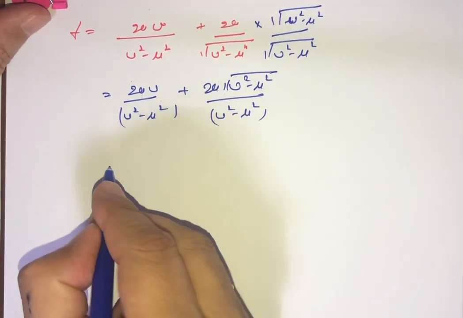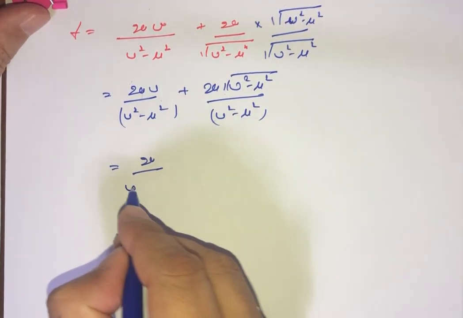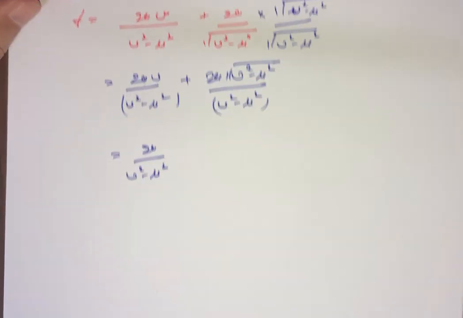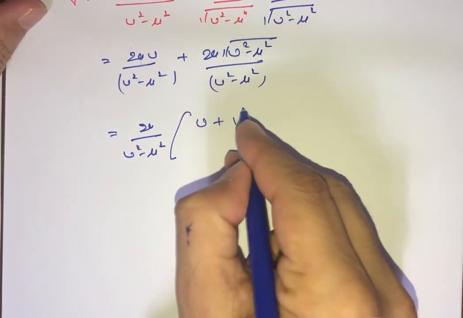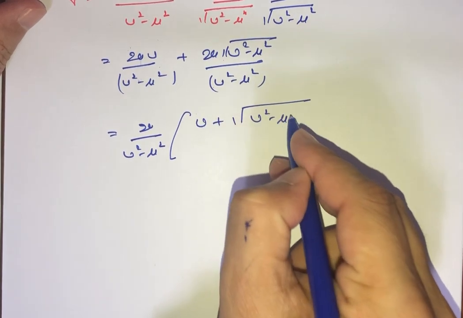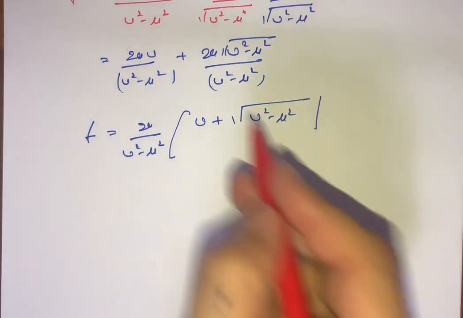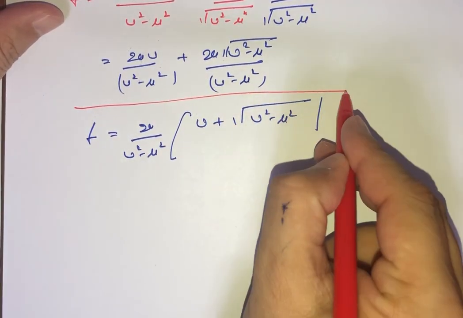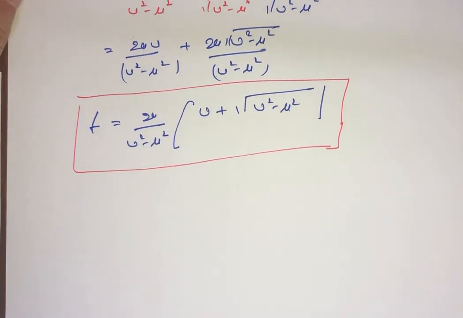So finally this will be equal to, we can take 2a, v square minus u square, as we get v plus square root of v square minus u square. This is time t, so this is time in the first case, total time taken by the aeroplane when the wind is flowing along the diagonal.